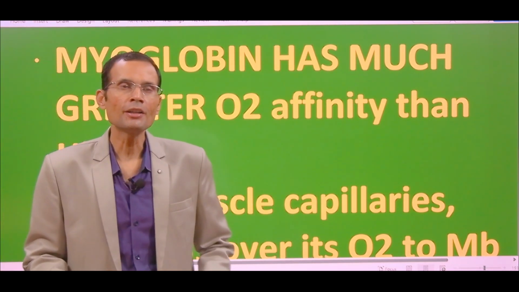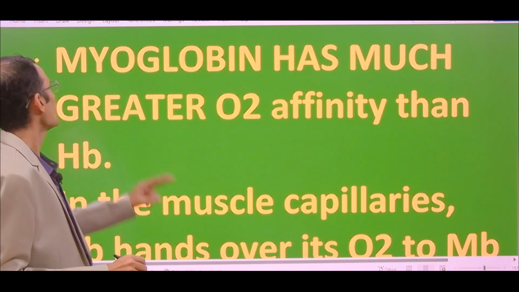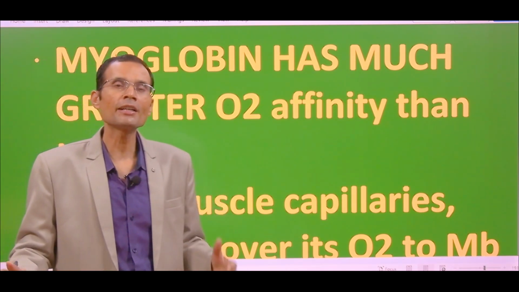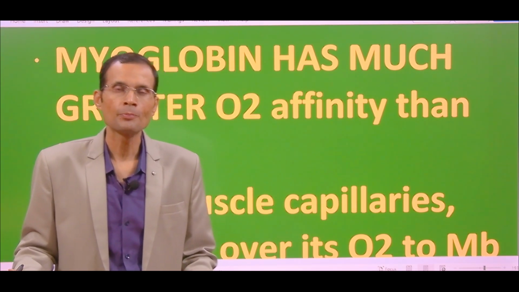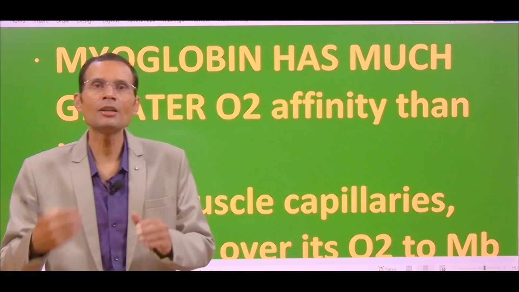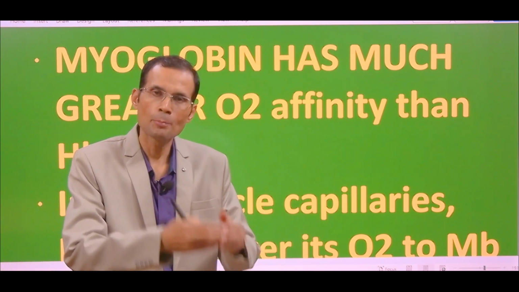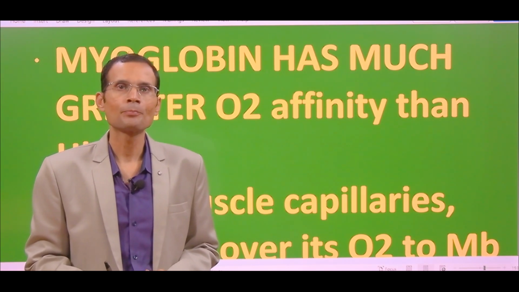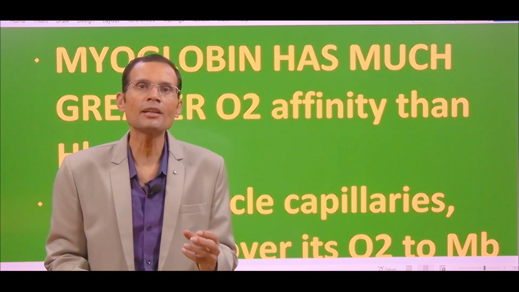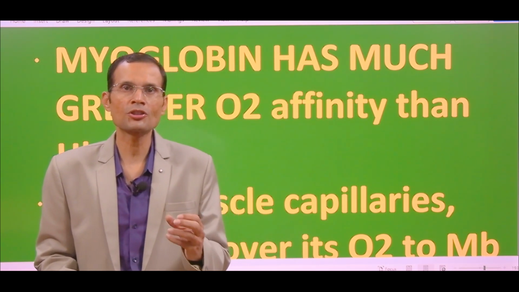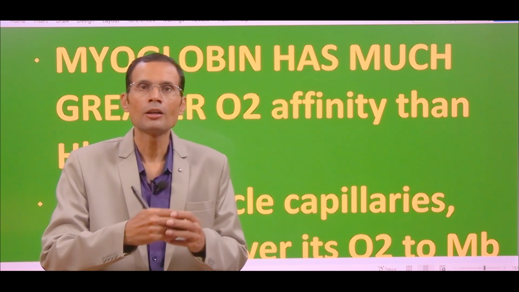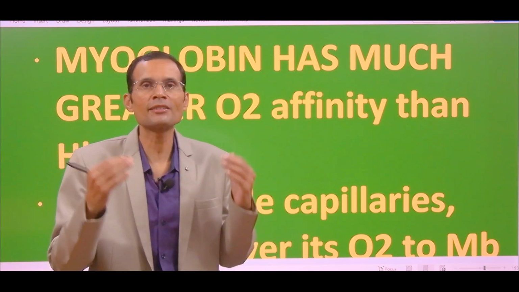Now note this point, that myoglobin has much greater oxygen affinity compared to hemoglobin. So hemoglobin will deliver its oxygen into the muscle, it will be taken up by the myoglobin inside the muscle cells, and it has a greater affinity. It will hold its oxygen for whatever time it's required to hold.